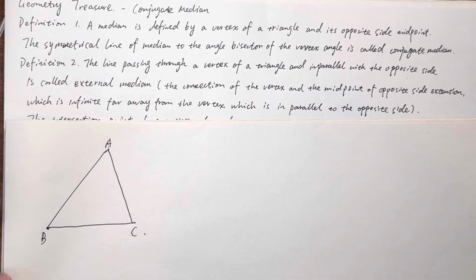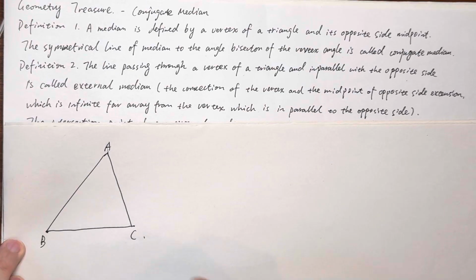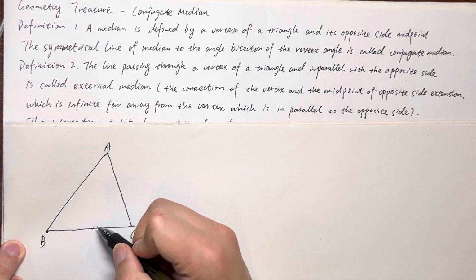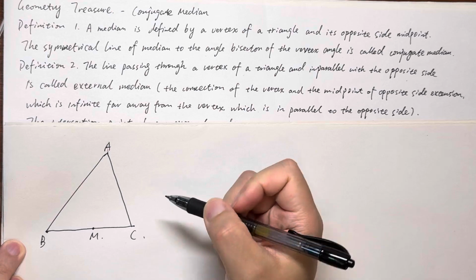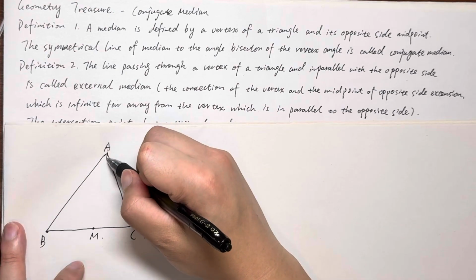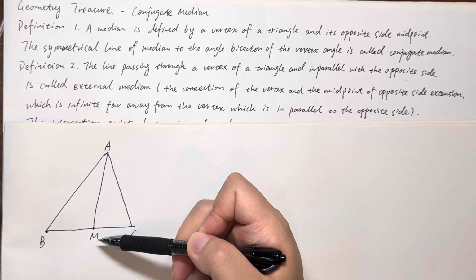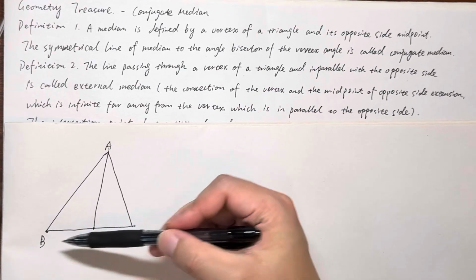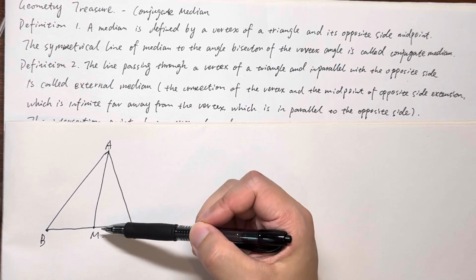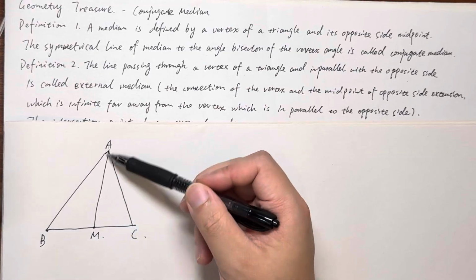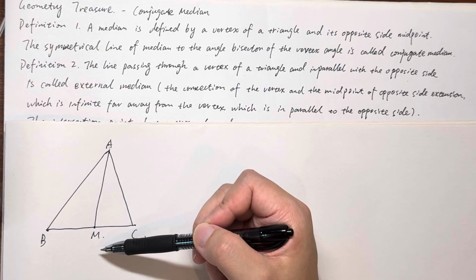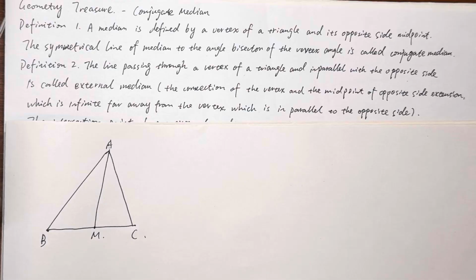We have this triangle ABC, and we find the midpoint of BC. And we connect the vertex A to the midpoint of the opposite edge BC, which is M. So we call this AM a median for the triangle ABC.